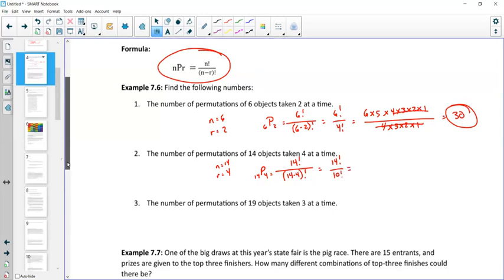Now, we can cut down on writing. 14 times 13 times 12 times 11 times 10 factorial over 10 factorial. And this cancels that. And I end up with 14 times 13 times 12 times 11, or 24,024.